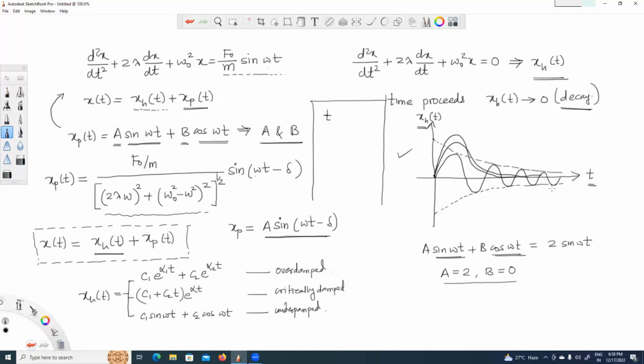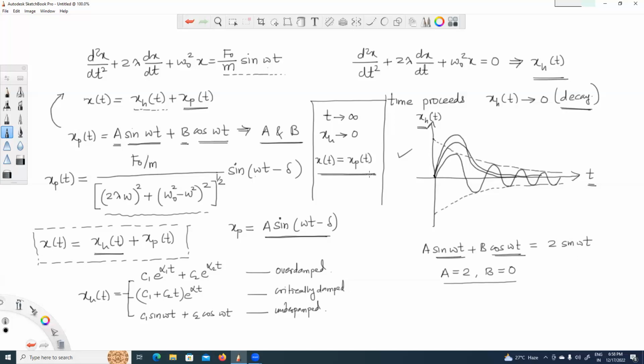It's not going to decay at all, right? So if I consider time approaching infinity, by which I actually mean a certain large time, then this xh will approach zero because it is decaying in nature. And what I remain with is x of t being only xp of t.